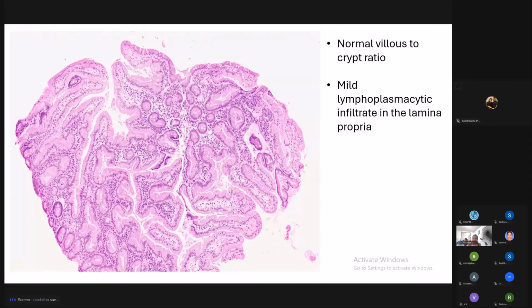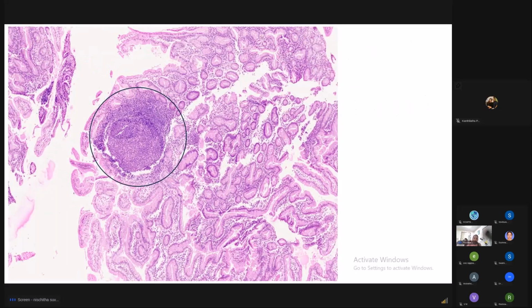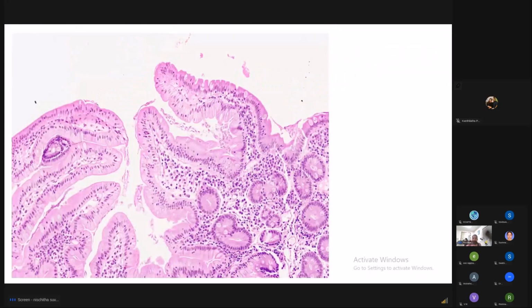Crypts appear unremarkable. There was also a lymphoid aggregate, highlighted in this circle. The mucosa overlying this lymphoid aggregate usually appears flat, but it should not be misinterpreted as villus flattening. On higher power, the mucosa and villi appear normal.